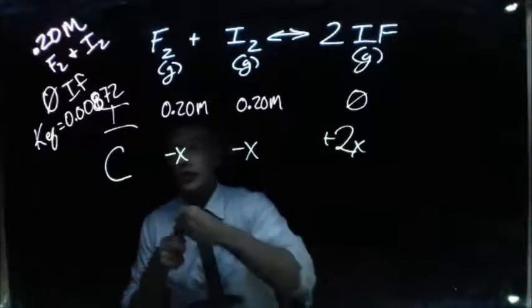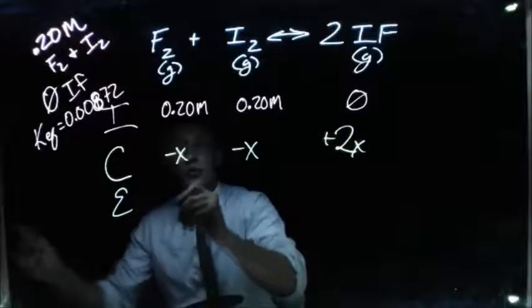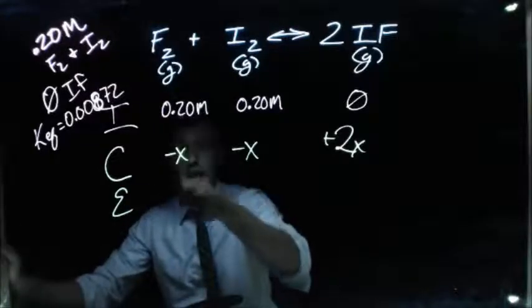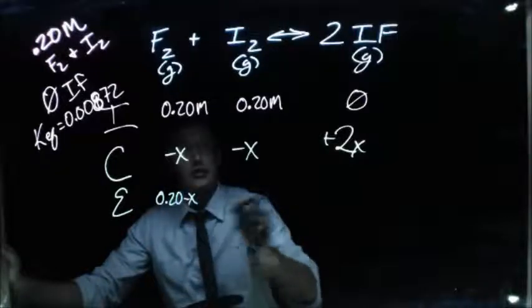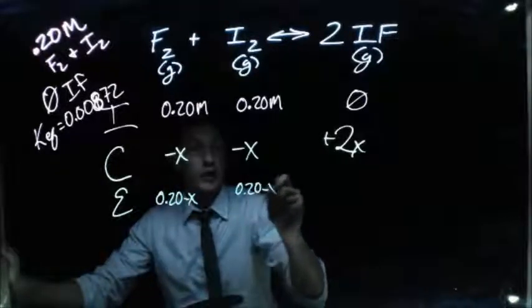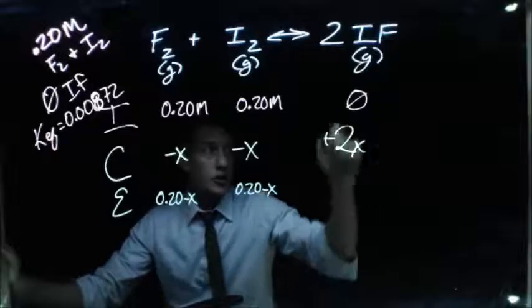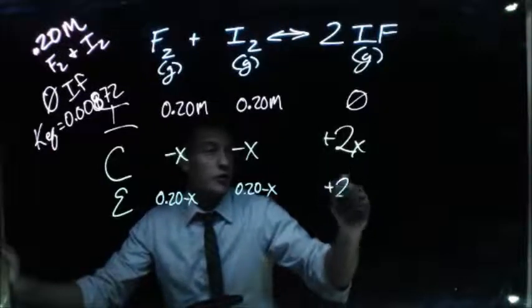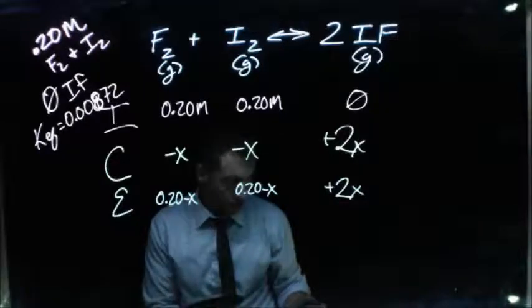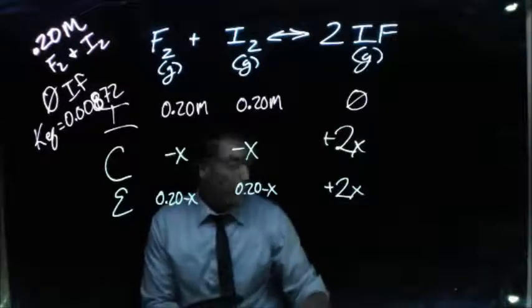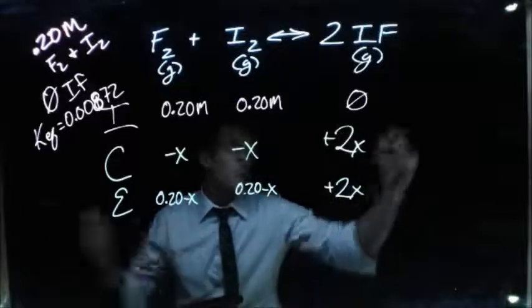So then at equilibrium, we would have the initial minus X amount, so 0.20 minus X, 0.20 minus X, and 0 plus 2X, so it would be positive 2X there for the iodine monofluoride. And then we will take those and plug them into an equilibrium expression.